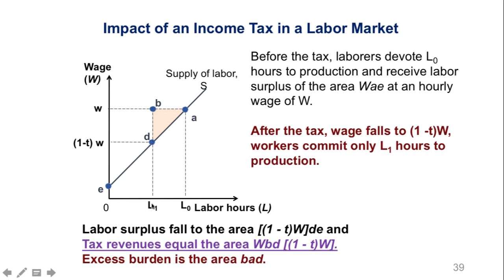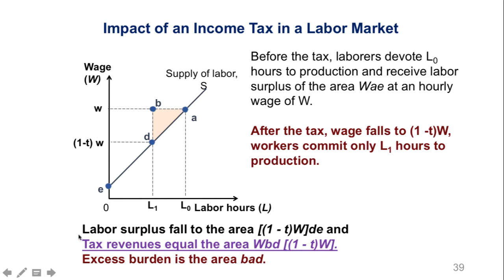With higher taxes, you're going to decrease your labor because you get less for the amount of work that you were doing before. So the incentive for working decreases, and in the total market, the labor hours decrease by the amount of the tax imposed.